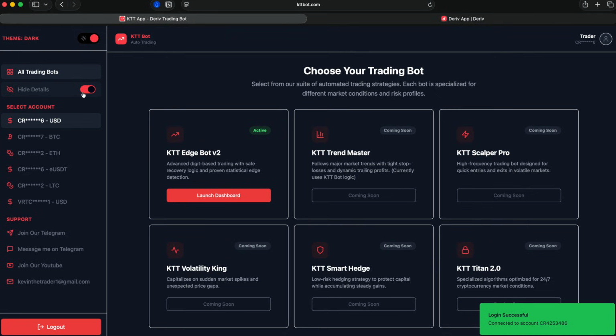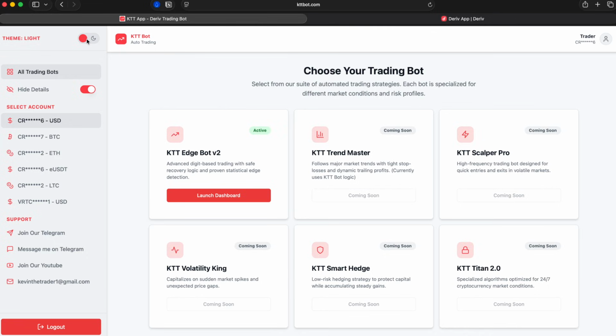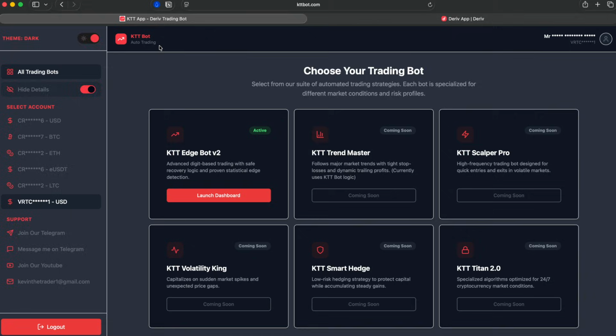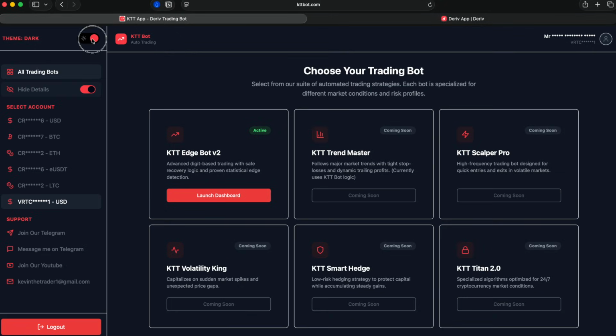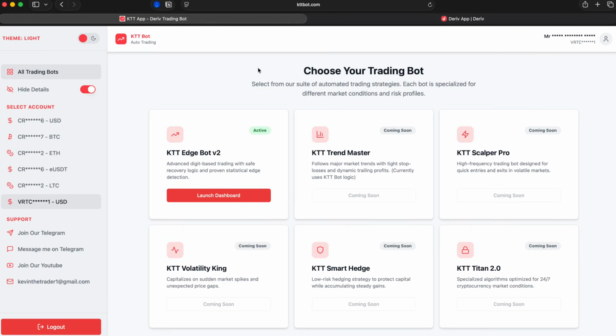Then it will take you to this page. On this page, you can toggle between a dark theme and a light theme over here. There are some people who have eye problems, and they can prefer using the dark theme. Others may prefer the light theme, right? So you can toggle between the light theme and the dark theme, as you can see.